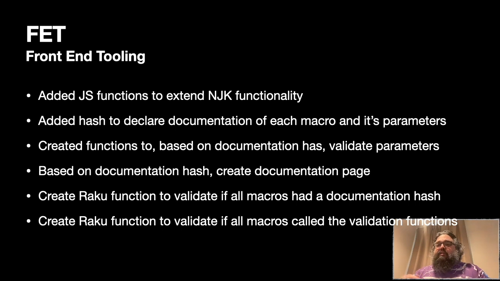We added JavaScript functions to validate types internally, and also to validate the parameters of a macro. And then we created Raku validators that would validate if all macros would be using the parameter validators for validating its parameters, if they were passing all the parameters for the parameter validators and testing type.